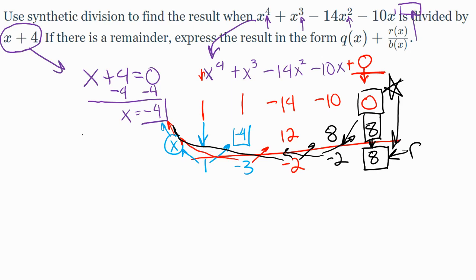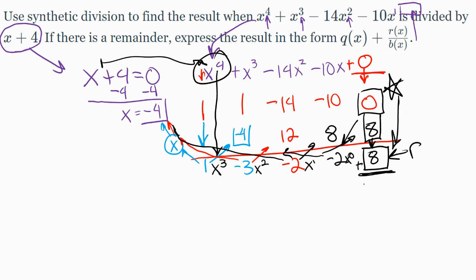Now, to finish, every time we took a highest power and divided it by a linear, we go 1 power down in my result. So this is going to be x to the third minus 3x squared minus 2x to the 1 minus 2x to the 0, and then plus my remainder term. My remainder term, I want to just write it as a fraction.